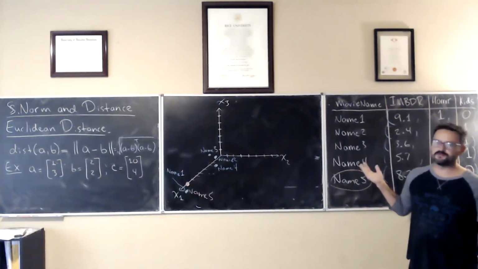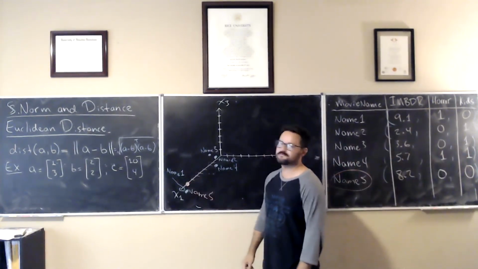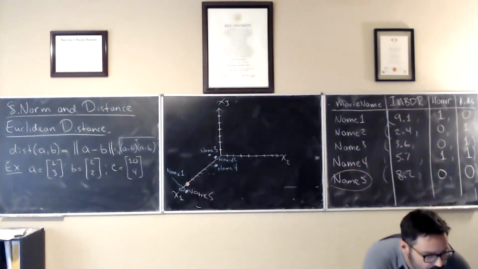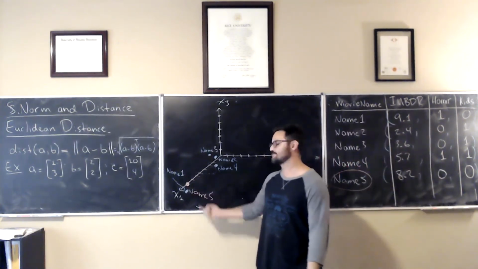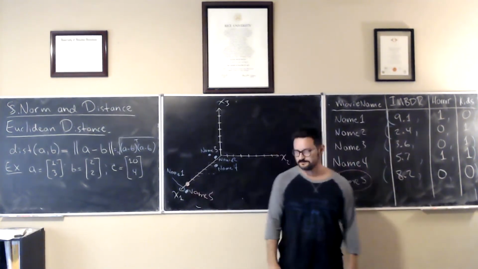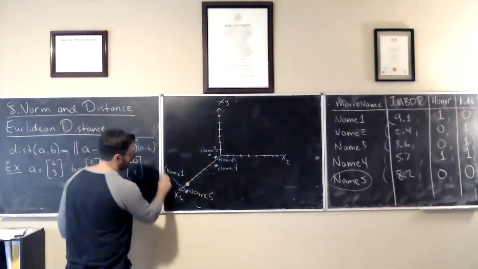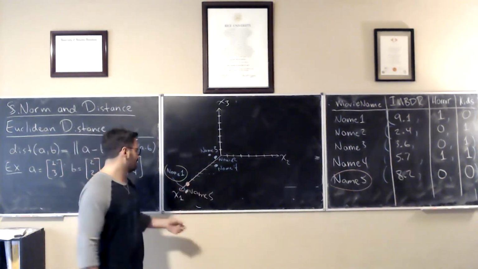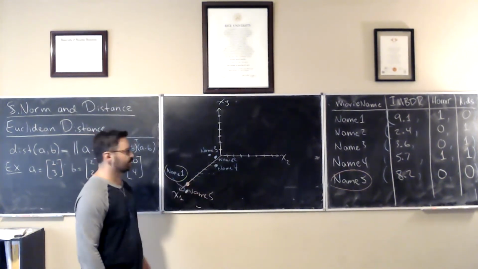Which are the 2 movies that you would recommend to me if I like name 5? Based off this picture, which movies do you think are closest to this one? That point right there is close to there. So I would say maybe that movie's similar to that one, and the person that liked this one would enjoy that.